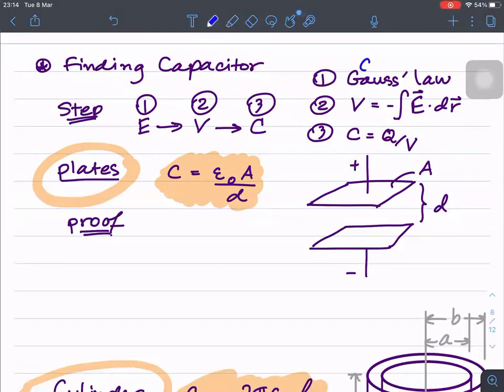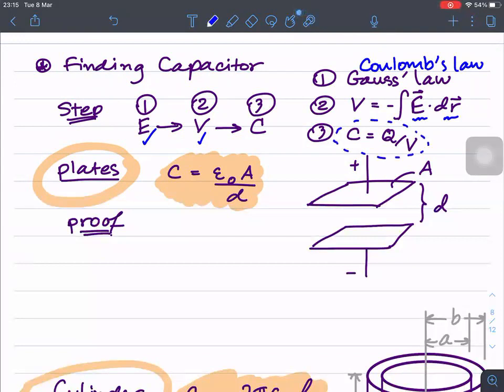Not only Coulomb's law, but there's also Gauss's law that can be used as a tool for finding E, the electric field. And from the electric field, you should be able to find the potential difference by integrating the electric field with distance. When you have the voltage difference, you can use the definition of the capacitance to find the capacitance C.